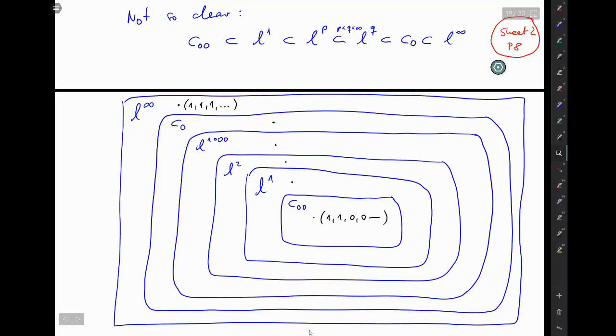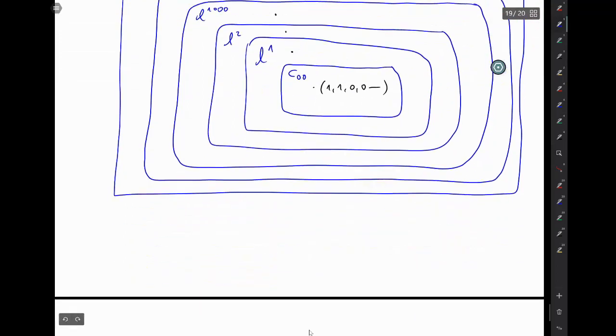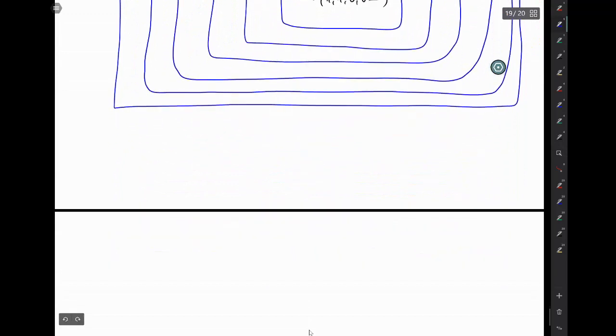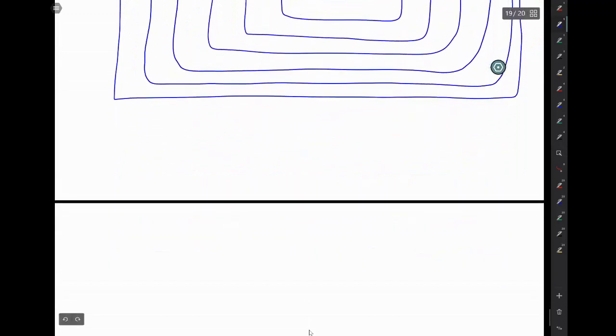Now finally, and this is the last thing we're going to do today, we are looking at spaces of functions that are closely connected to the sequence spaces we've been looking at right now.